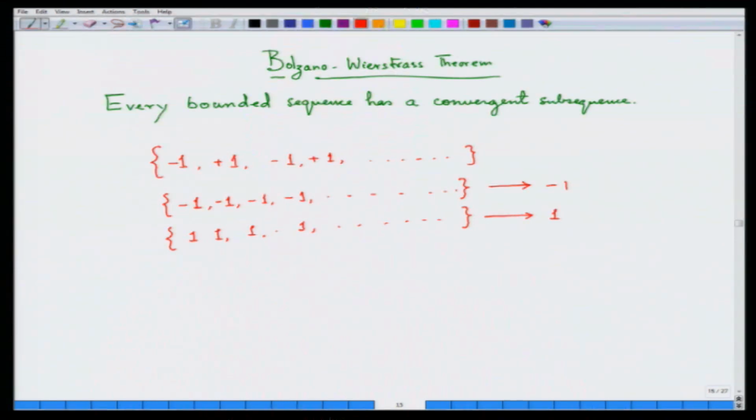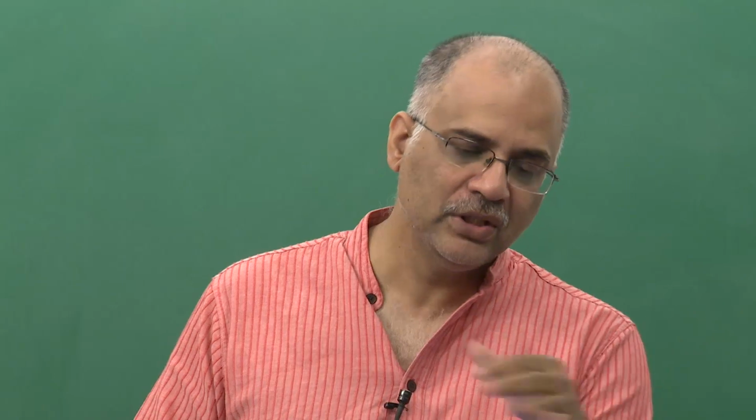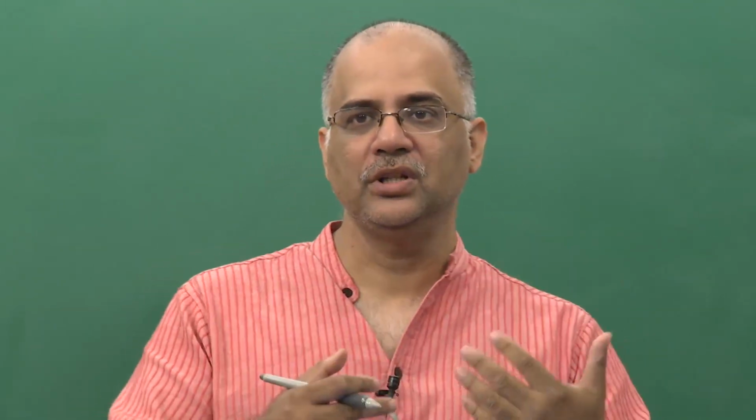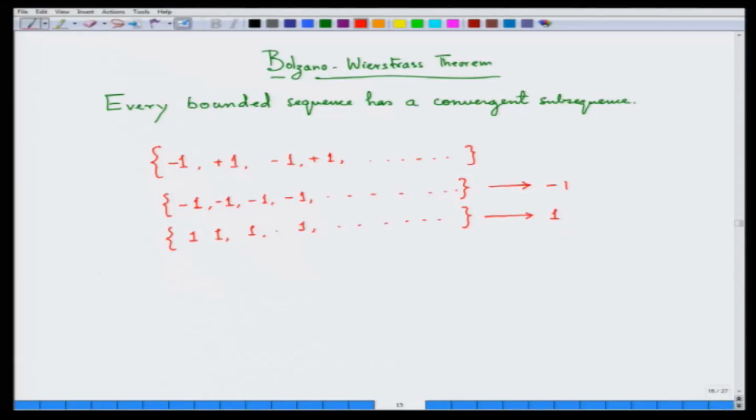If all the convergent subsequences go to the same limit, then the whole sequence itself is convergent. And remember, if a sequence is convergent, then every subsequence must go to the same limit. So, these are some important points to keep in mind.